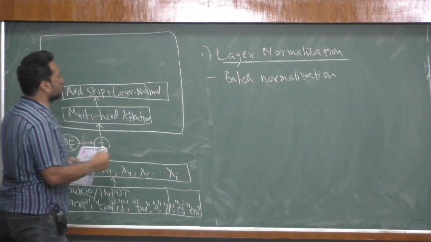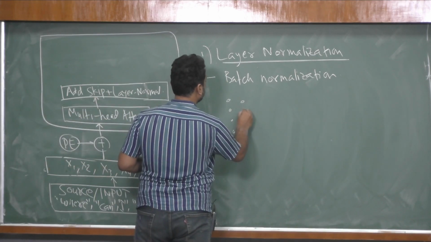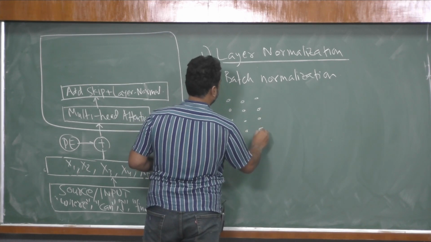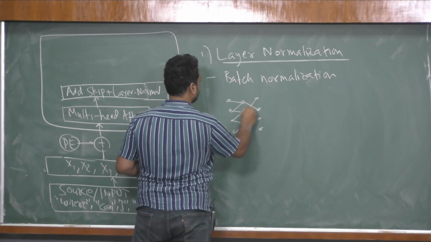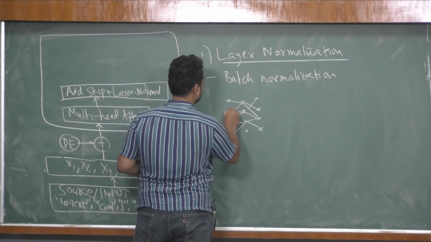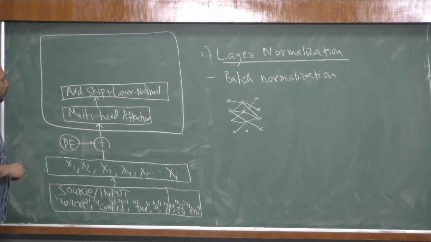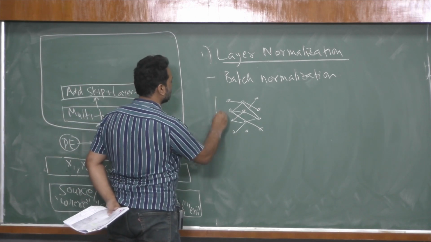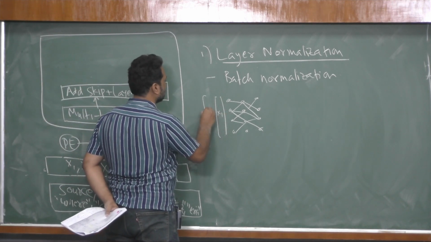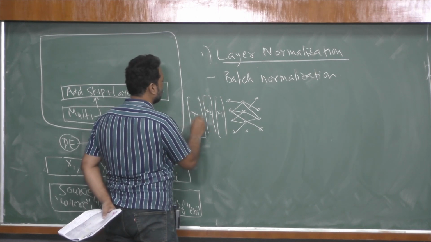So in batch normalization in a neural network, I have a neural network. Now I will show it left to right. Okay, so this is my neural network, and we know that a neural network can process a batch of samples. So let us say your first sample is x1, my second sample is x2, and my third sample is xb, where b is the batch size.